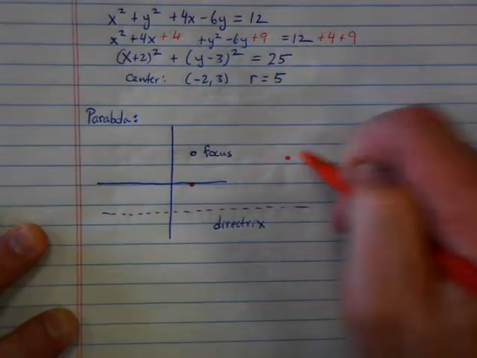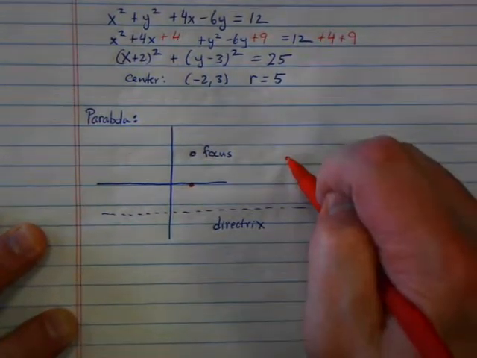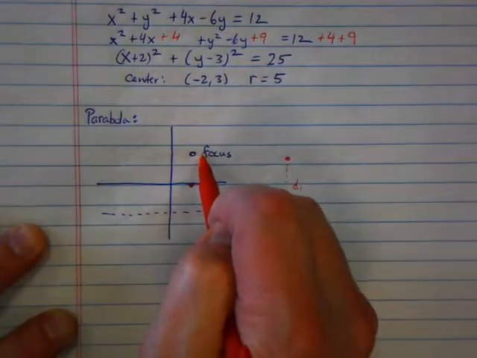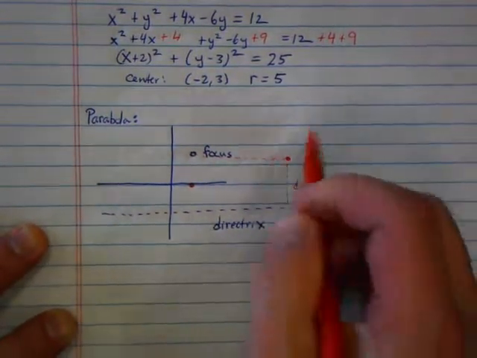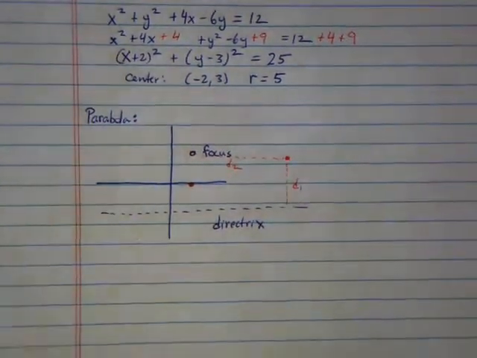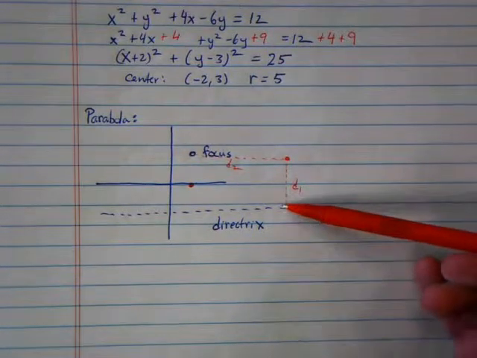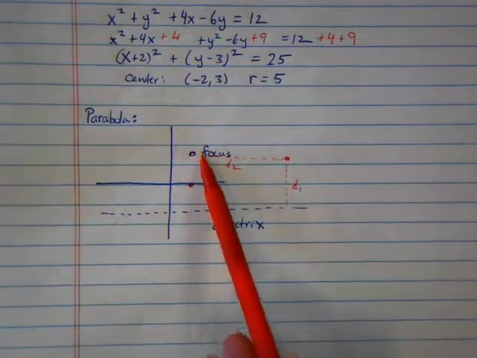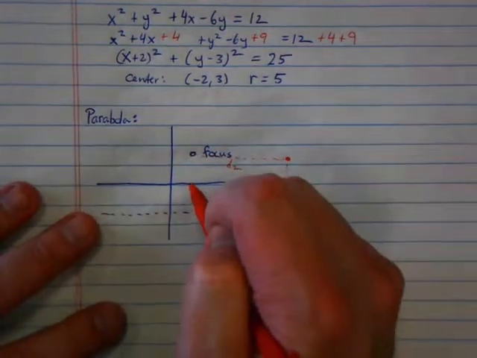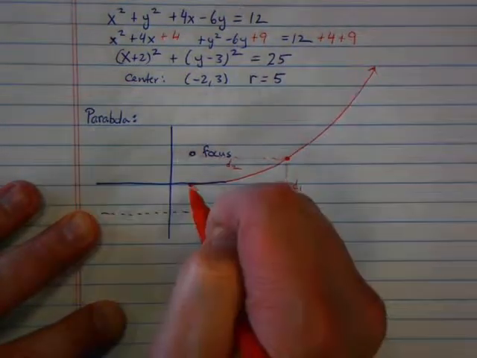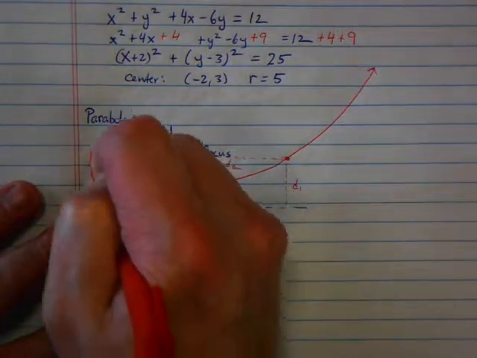If this distance, I'll call distance 1, and that distance 2, are exactly the same, that's how points get on a parabola. Points are on a parabola if their distance to the line and to the focus are exactly the same.